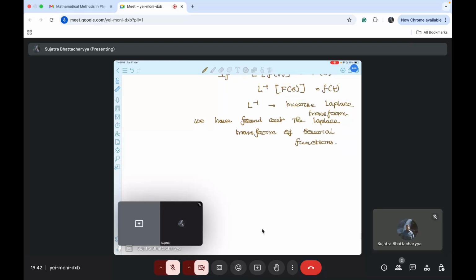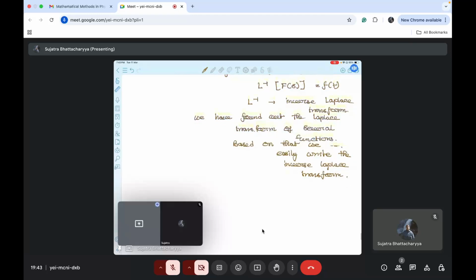Okay. So based on that, we can easily write the inverse Laplace transform of certain functions. All right. So what are those?